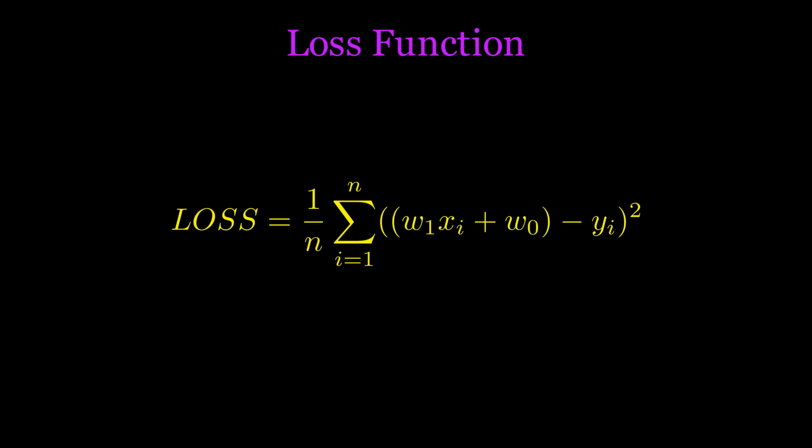Let's examine our loss function more closely. As we've established, it is dependent on two unknown parameters, w1 and w0. To visualize the relationship between these variables and the resulting loss, we project the entire function onto a three-dimensional coordinate system.